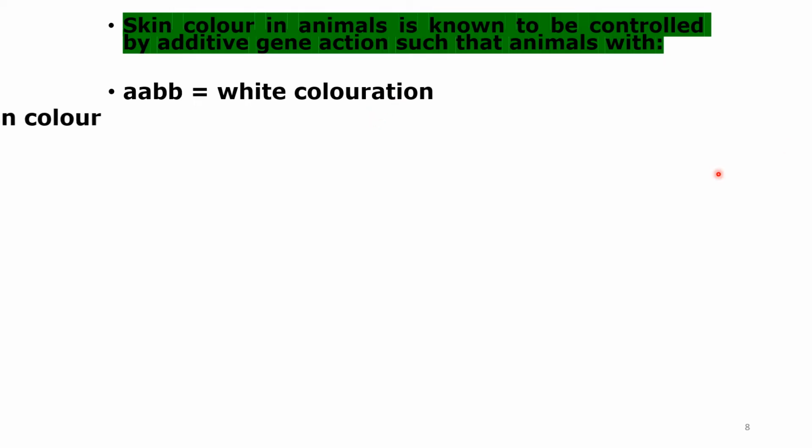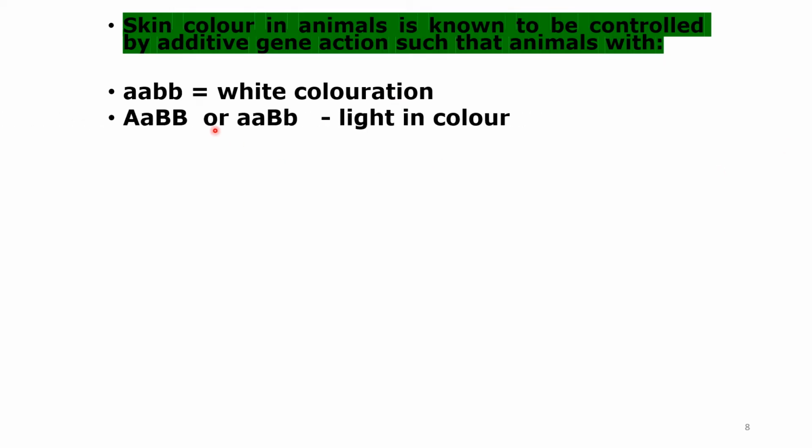So we want to extrapolate this a little bit by looking at skin color in animals. Skin color in animals is controlled by additive gene action, such that animals with this genotype show white coloration, and those with this or this are light in color.